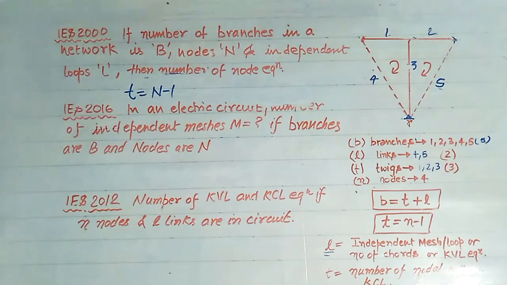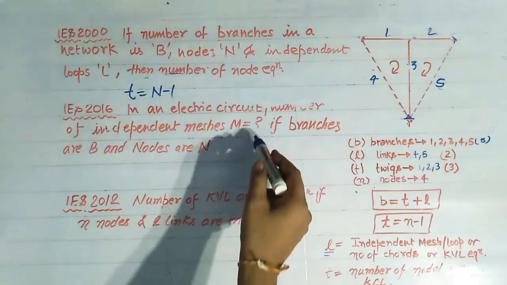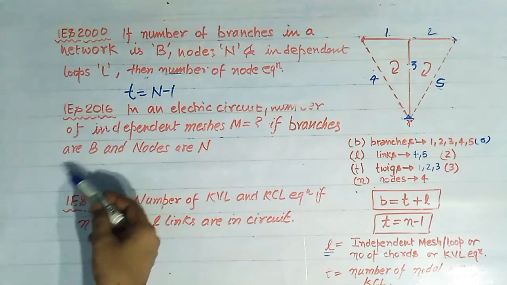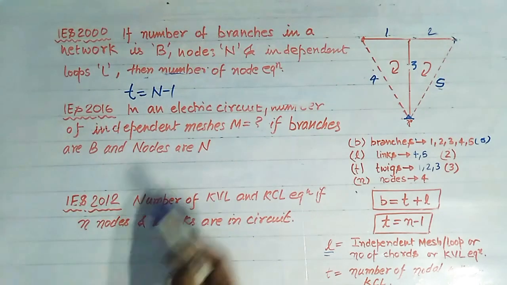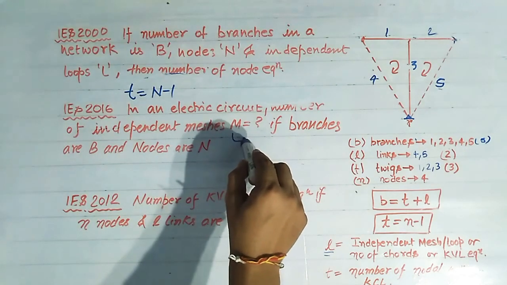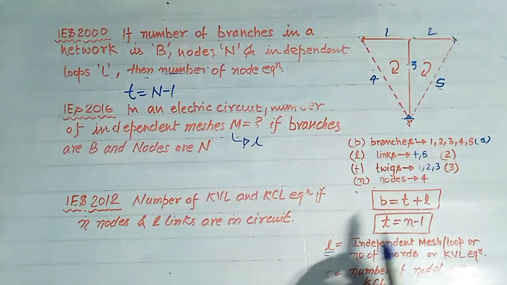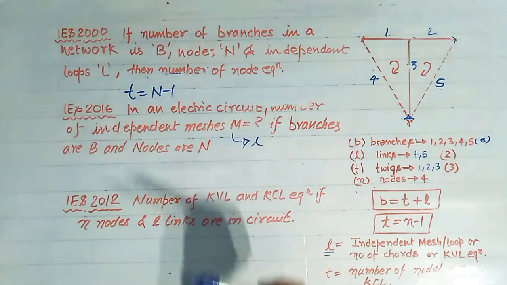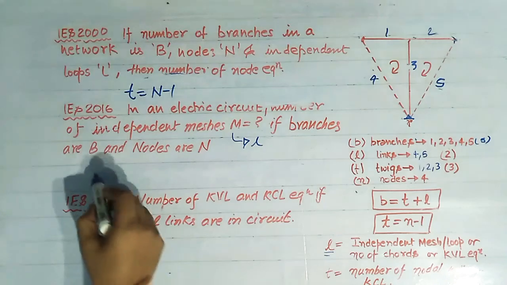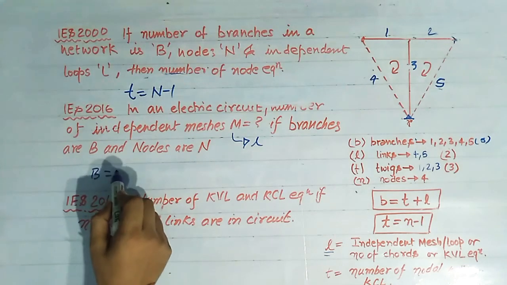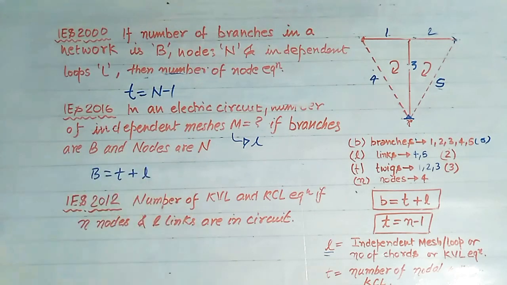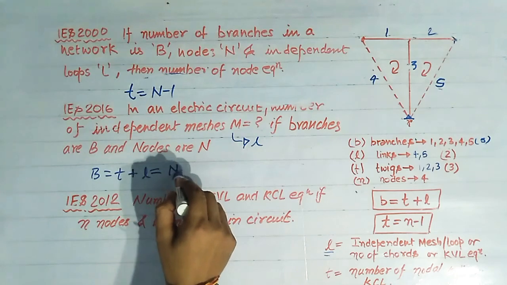Now take this question that was asked in ES 2016. In an electric network, we have to find the number of independent meshes M if branches are B and nodes are N. Meshes means we have to find the number of links, because the number of links is equal to the number of independent meshes. So we can write branch is equal to twig plus link. And what is twig? Twig is equal to n minus 1.